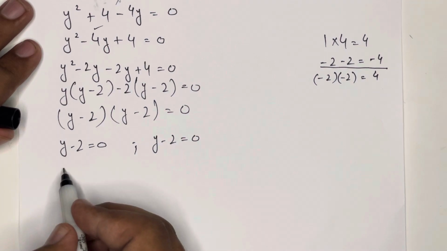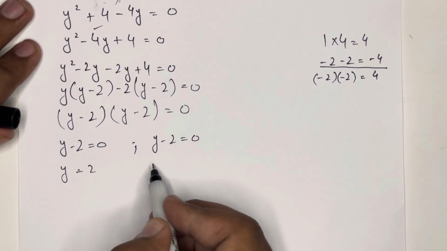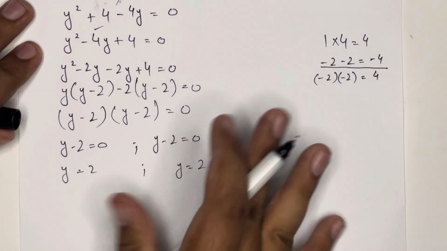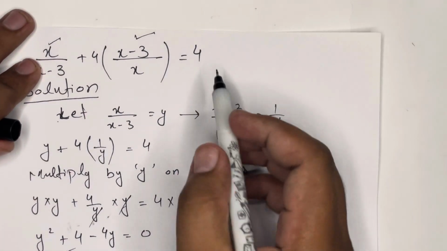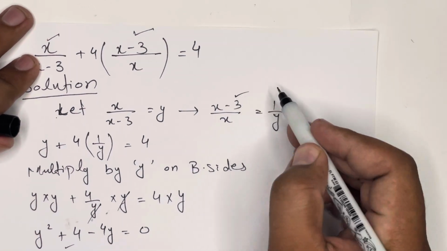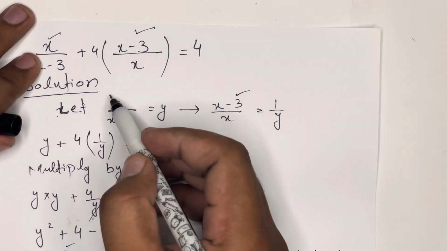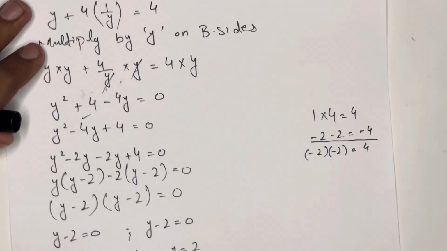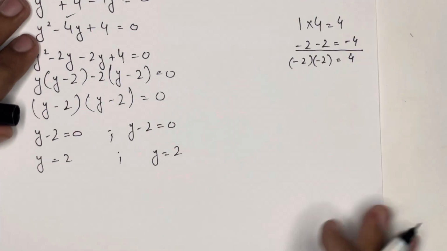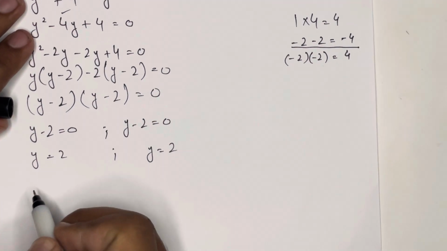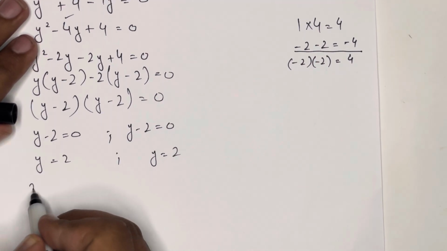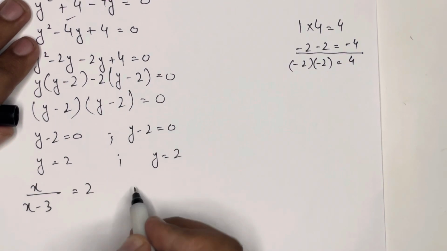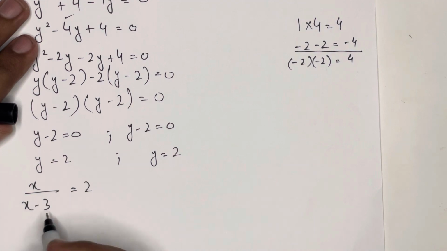So the value of y is 2, and on the other side y equal to 2. Now I am putting the value of y, and the value of y is x over x minus 3 equal to 2. So let's solve this first.